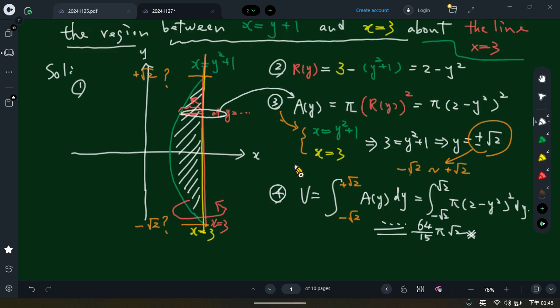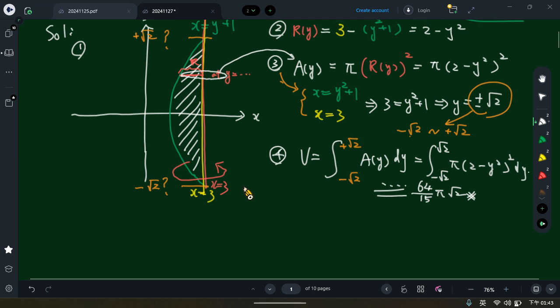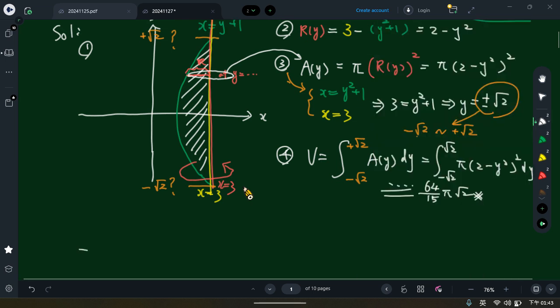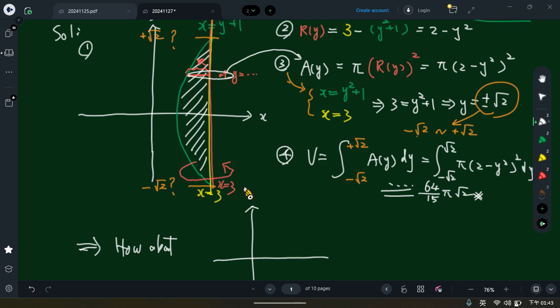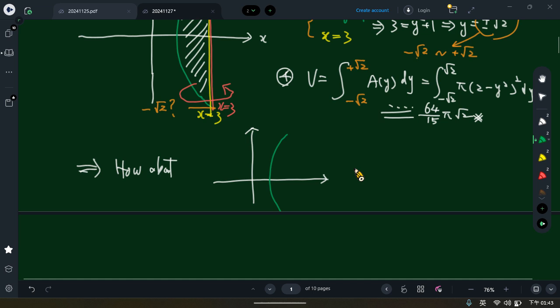Okay, we still follow this example. Can we just imagine that the rotation axis is not the same as the yellow one? For example, if it's here, as I draw, this is the yellow line, but the rotation axis is moved from here to here.